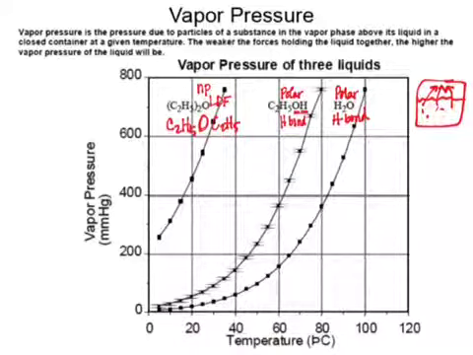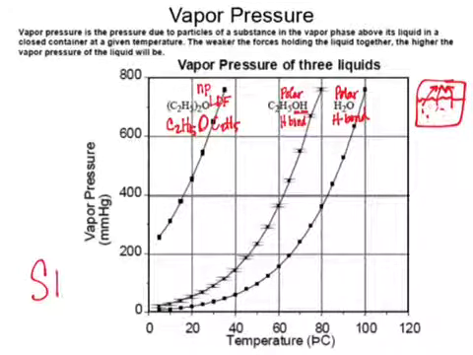So if we look here, who has a lower vapor pressure? Which one is easier to become vapor, come out of liquid solution and become vapor? Okay, so our diethyl ether, right? The diethyl ether easily becomes vapor. How strong is its intermolecular force compared to those other ones? Pretty weak.